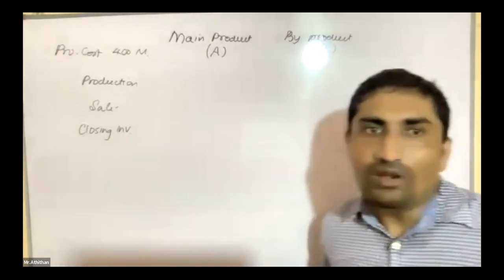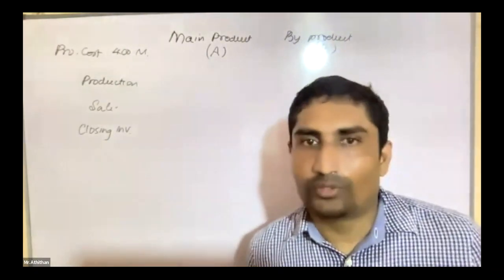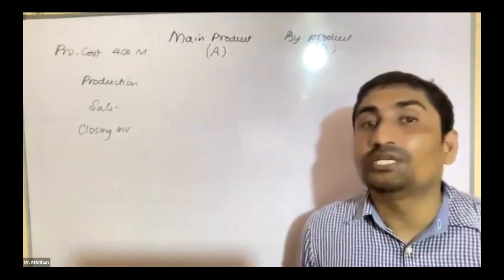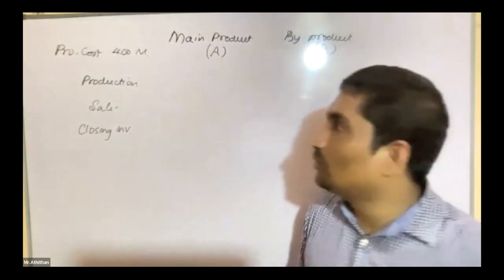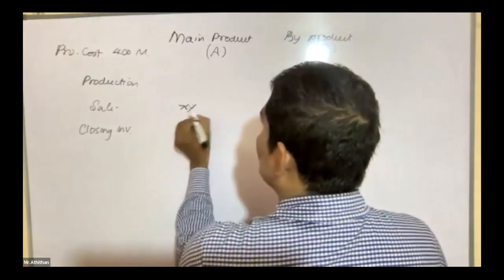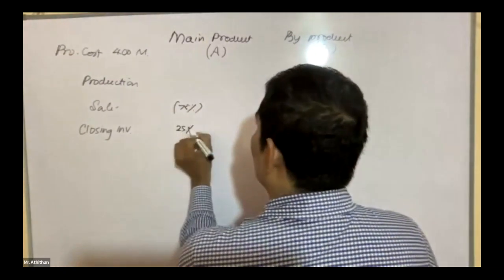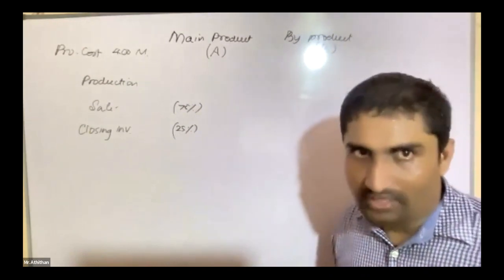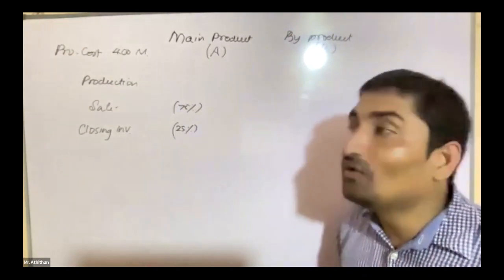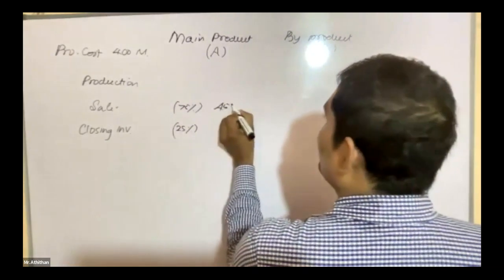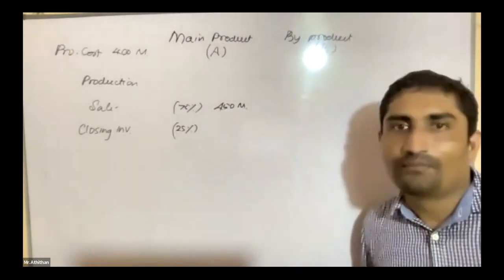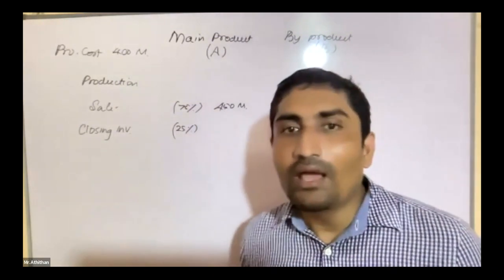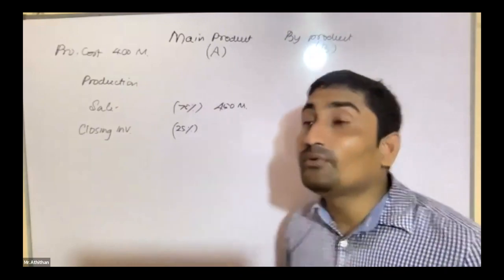Sale of A was 75,000 of output during the period. So of total production of A, 75% sold out and 25% is the closing inventory. Sales revenue was 450 million. B is produced as a byproduct and output has a net sales value of 1.2 million.